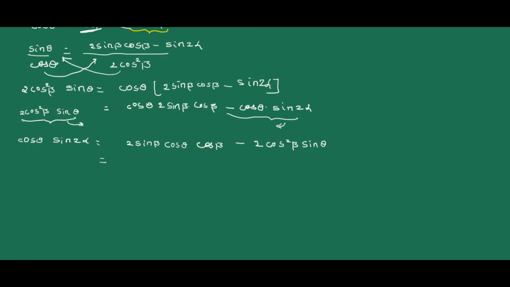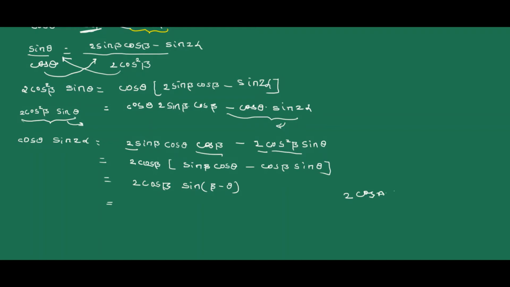You can take 2 cos beta common, we are left with sin beta into cos theta minus cos beta into sin theta is equal to 2 cos beta into, so this is in the form of sin a into cos b minus cos a into sin b is equal to sin a minus b, that is sin beta minus theta, which is again in the form of 2 cos a into sin b.